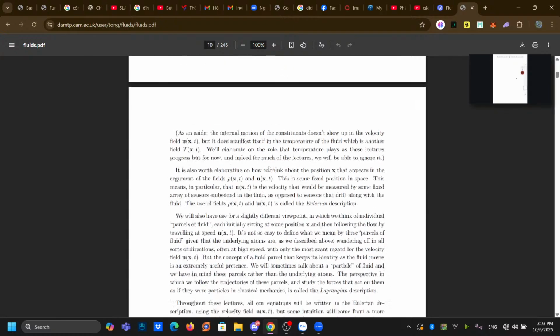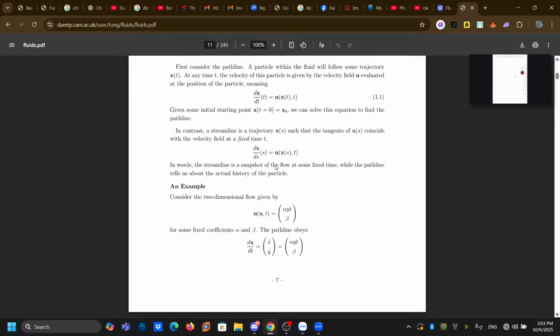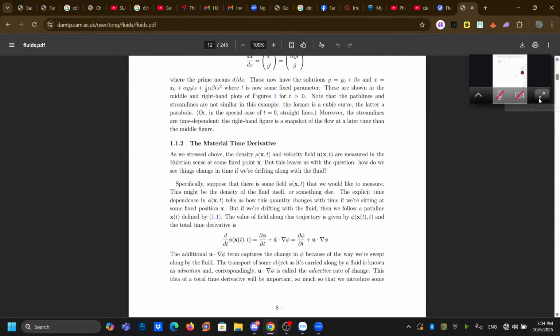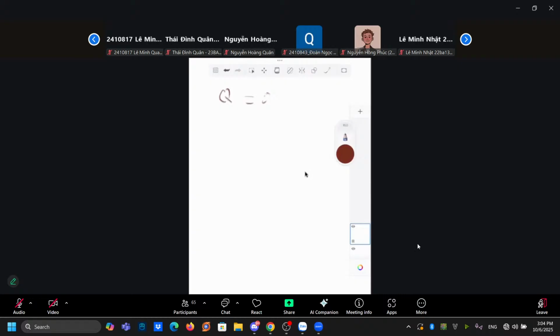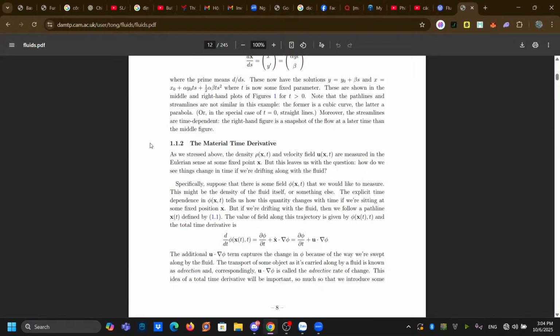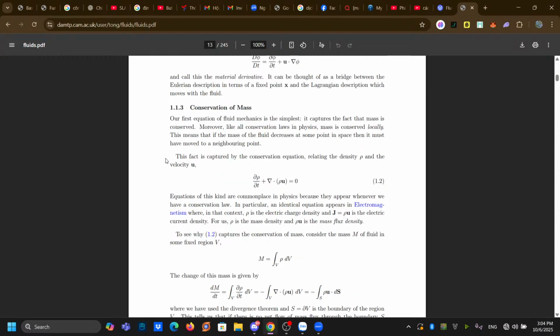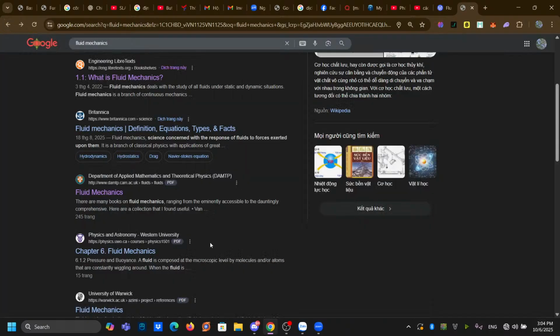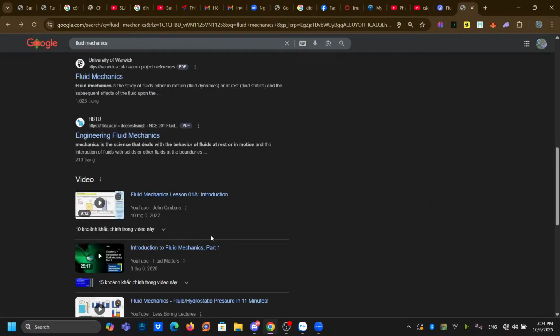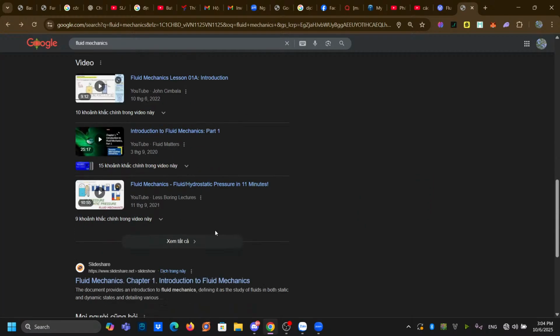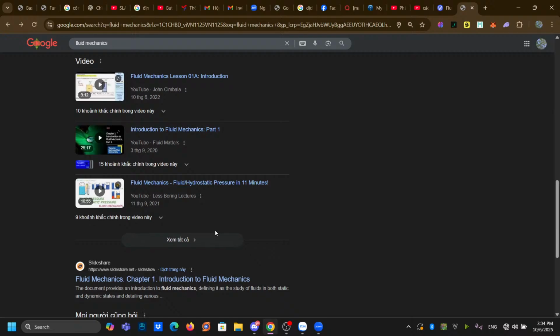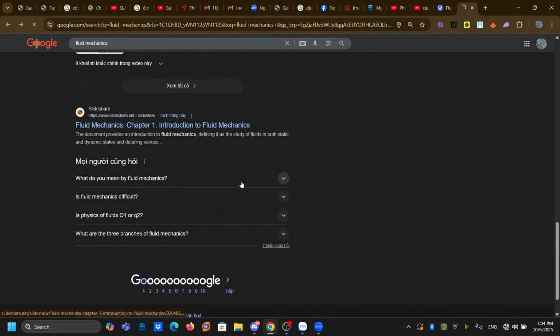So for this exercise, you have Q equals 0.61 A times the square root of 2gx.